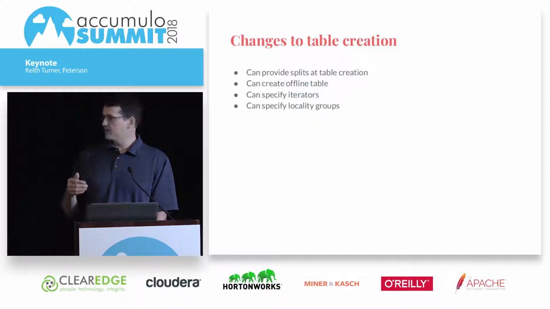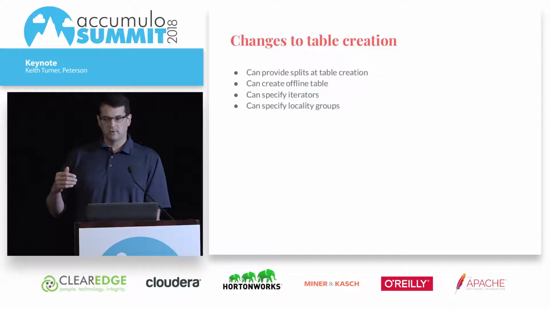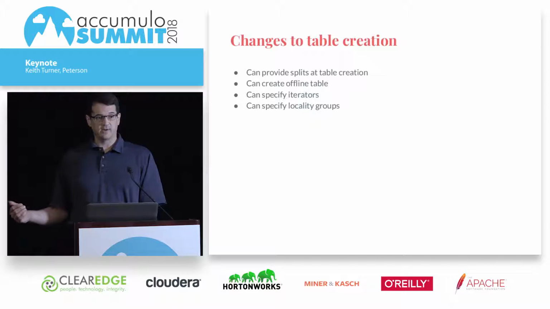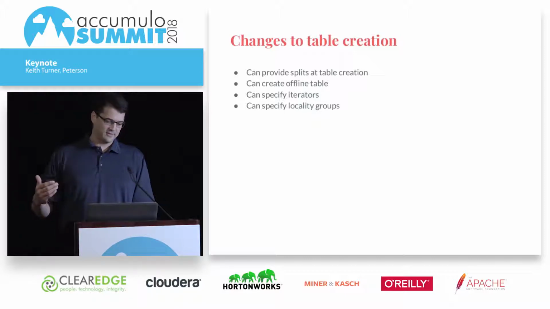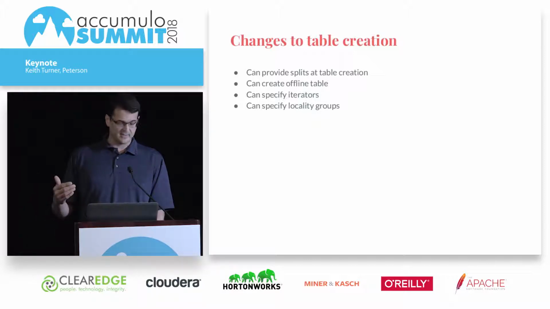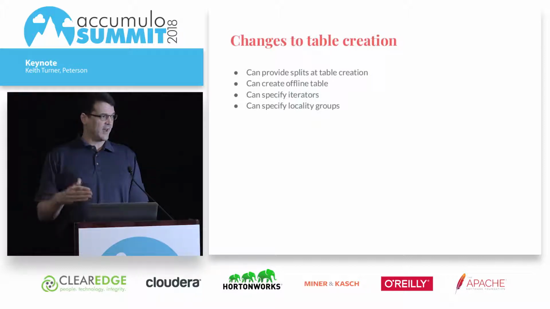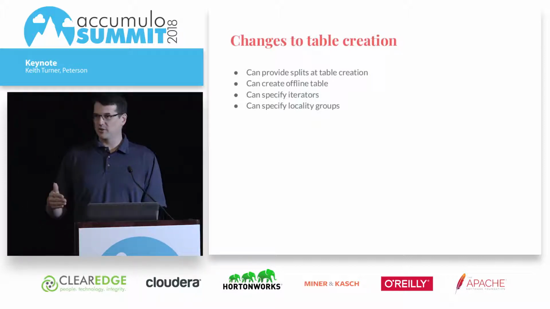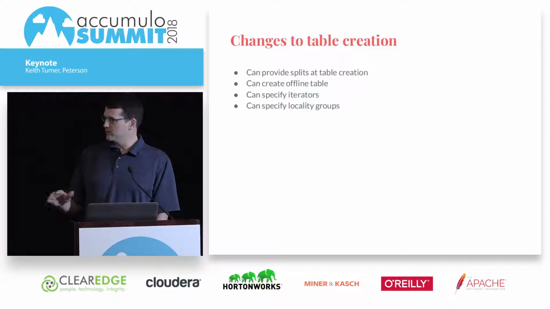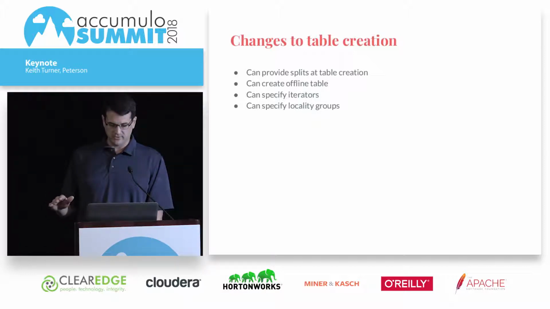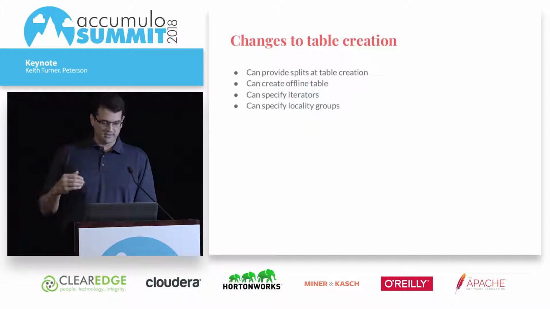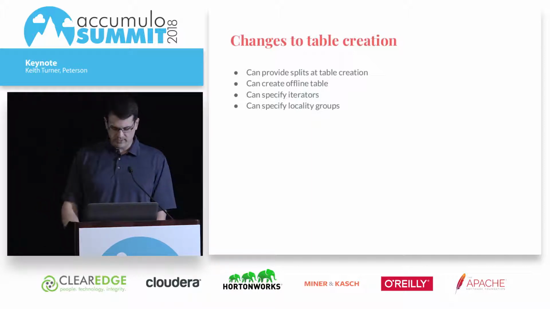So there could be a slight race condition there, where you create the table, and then before you can add the iterators, the type of thing that happens in distributed systems, some process comes along and adds some data to the table, and some other process comes along and reads data from the table, and you don't want any of that to happen before the iterators are there. So this operation will set the iterators before any of the tablets in the table come online.